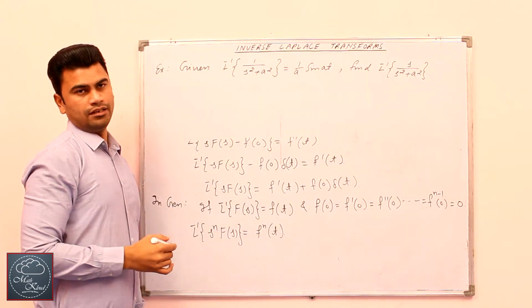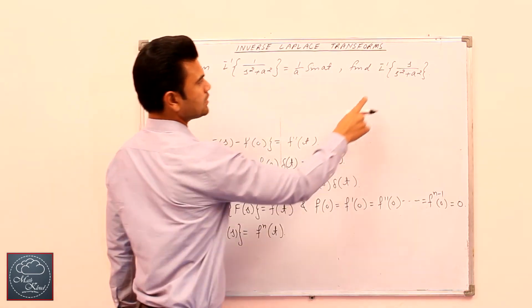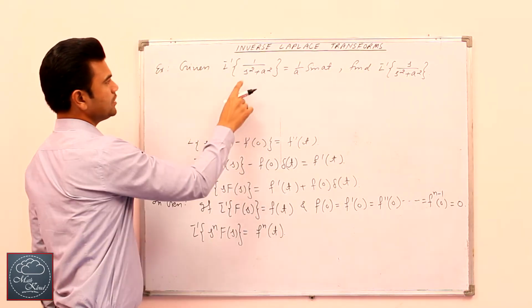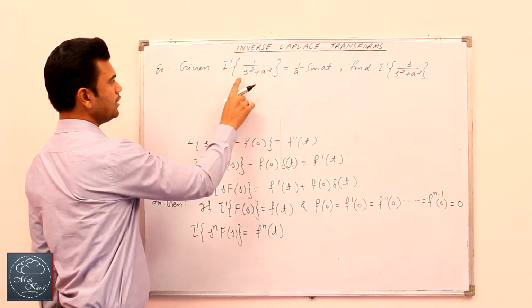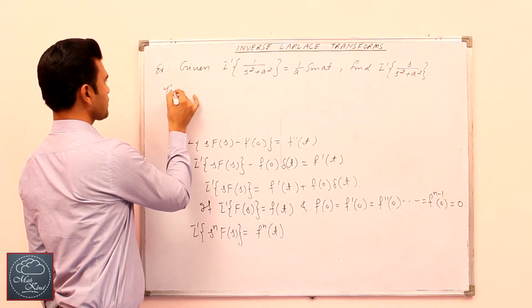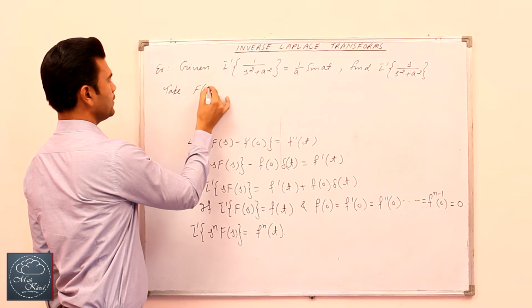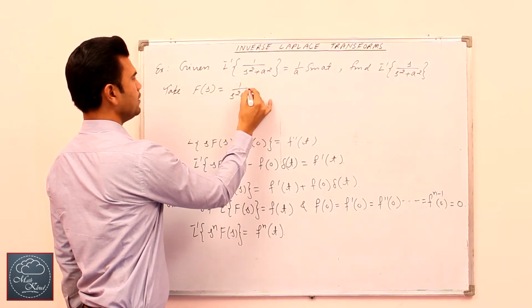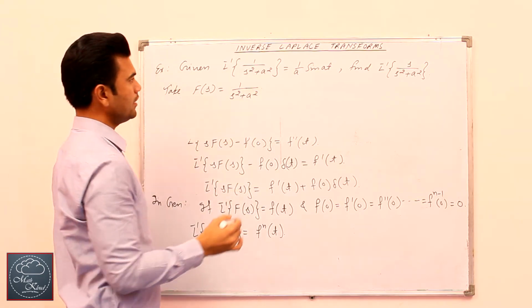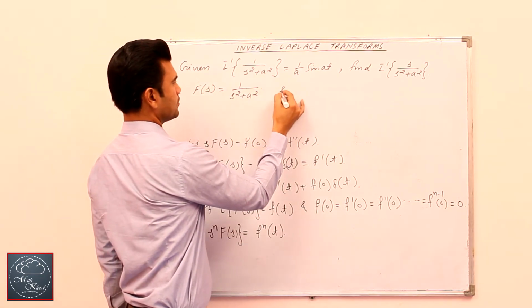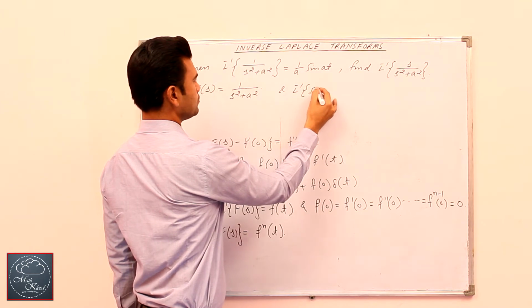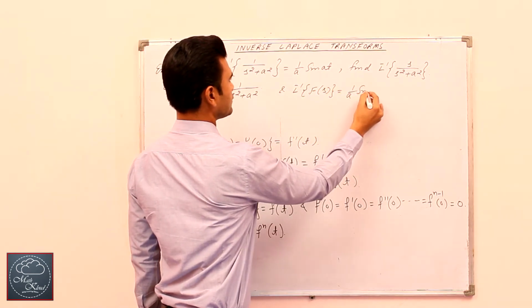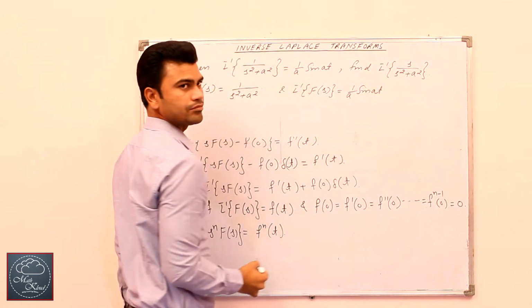To find this, I keep my f(s) as 1 over s square plus a square, and its inverse, which is given to you, is 1 over a sine of at.